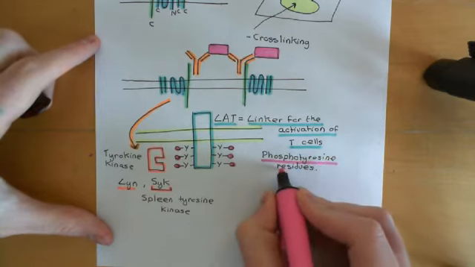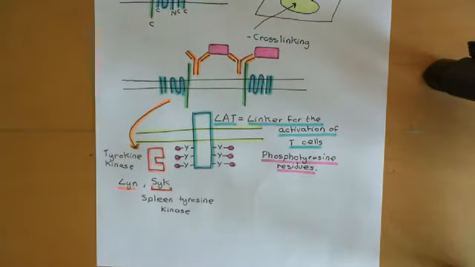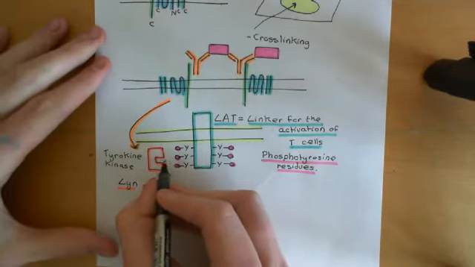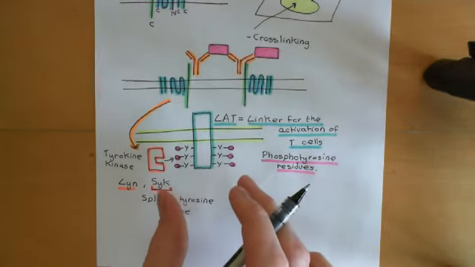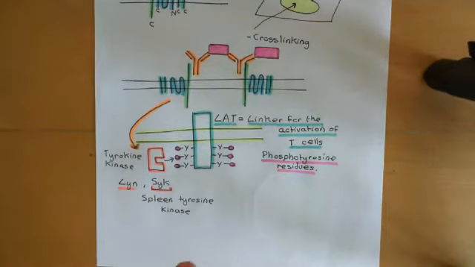These little purple blobs here represent the phosphate groups that have been added onto those tyrosine residues. The process is exactly like what would occur in a receptor tyrosine kinase. These phosphotyrosine residues can recruit all sorts of different proteins to the underside of the phospholipid bilayer and activate them and result in signalling cascades.